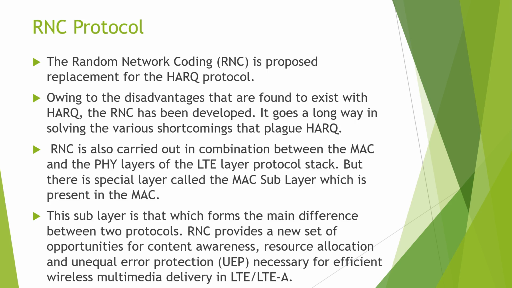But the RNC protocol also includes a special sublayer in the MAC layer. This sublayer is the main difference between the two protocols. With the help of this sublayer, RNC provides a new set of opportunities for content awareness, better resource allocation, and unequal error protection, which are essential for efficient wireless multimedia delivery in LTE.